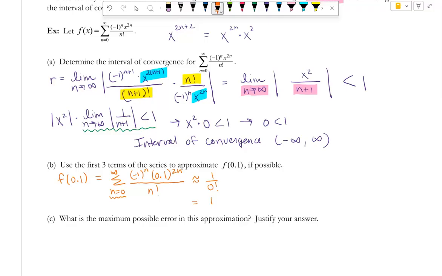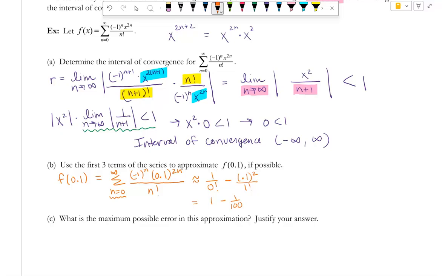Then my next term, when I plug in n equals 1, is going to be negative because I have negative 1 to the first power. So I'm going to get a minus here. Then I have 0.1 or 1/10 to the 2 times 1, so 1/10 squared divided by 1 factorial. So that's really just 1 over 100.